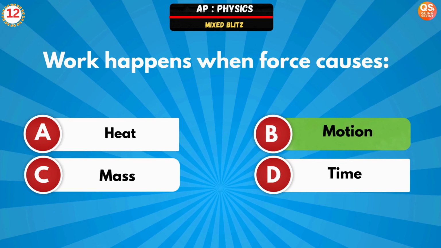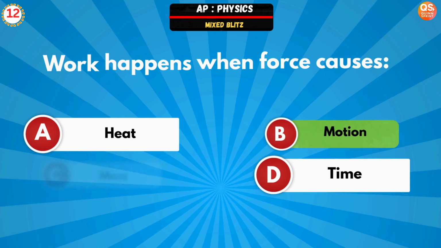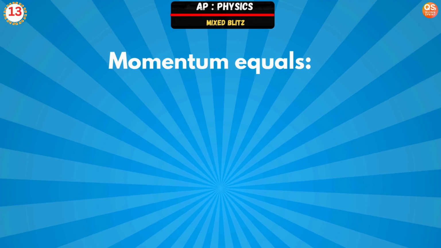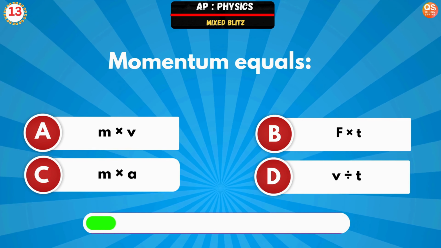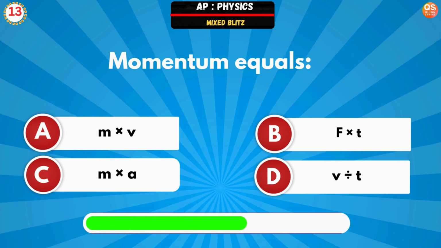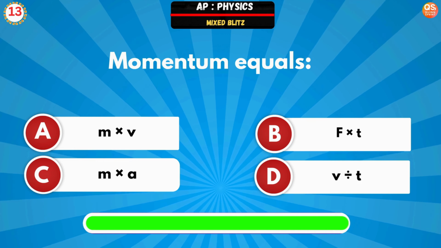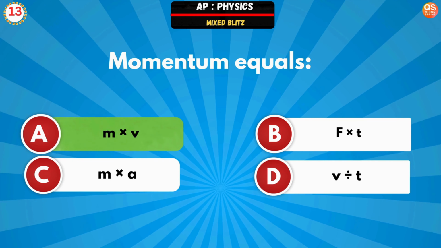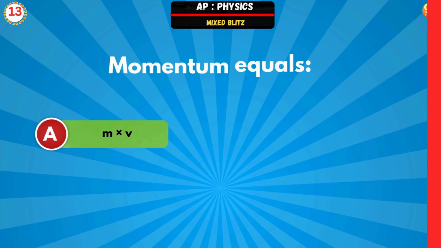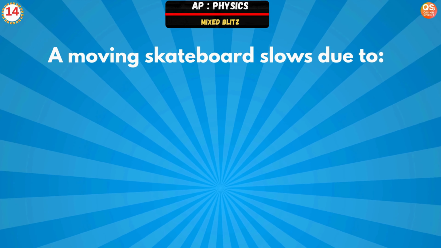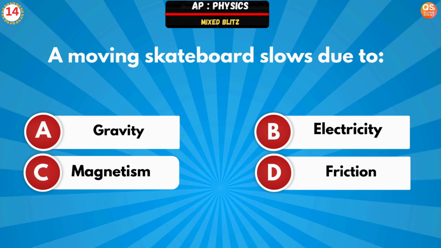Motion. Light work if you paid attention in class. Mass times velocity. Physics fundamentals moment.